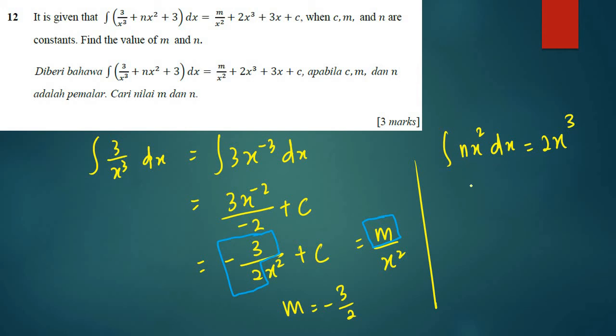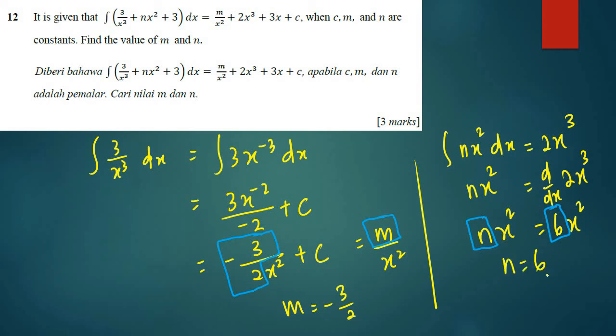We want to find this one. We can differentiate this, 2x power 3. When we differentiate, we get 6x power 2. So now you can see what is the value of n. Clear?